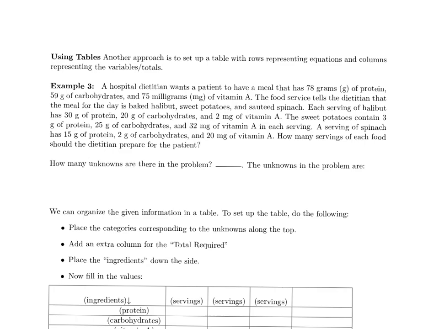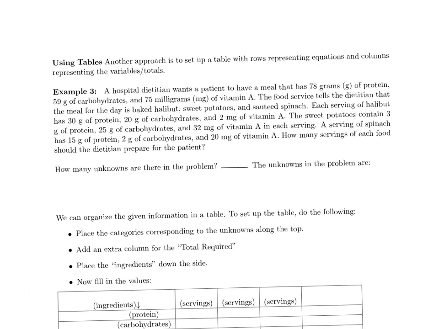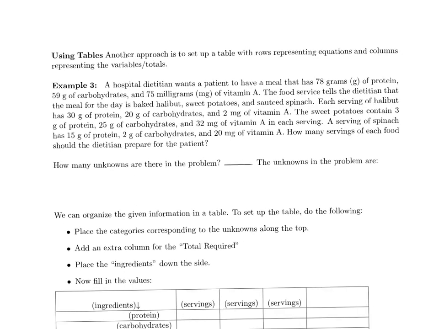So that helps us know what in the world we are trying to find. We are trying to find how many servings of the halibut, the sweet potatoes, and the spinach we are going to serve. So there are 3 unknowns. Let's just say X is the number of servings of the halibut.